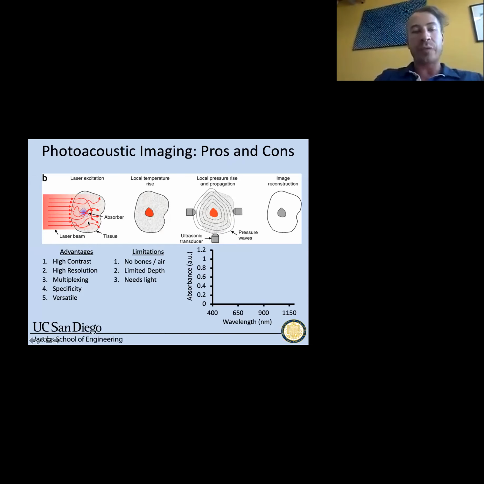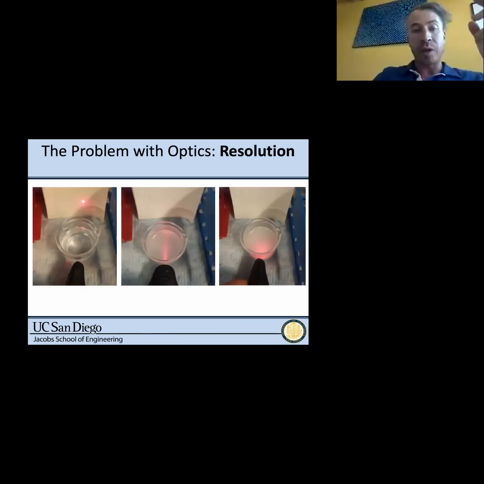So if we were trying to do fluorescence, where it was light in, light out, we would have basically 0 spatial resolution in a system like this. You could probably produce some fluorescence, but it would be a big glowing mess, right?